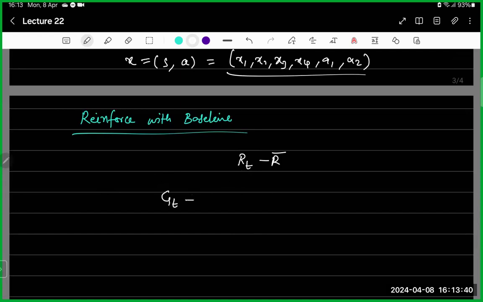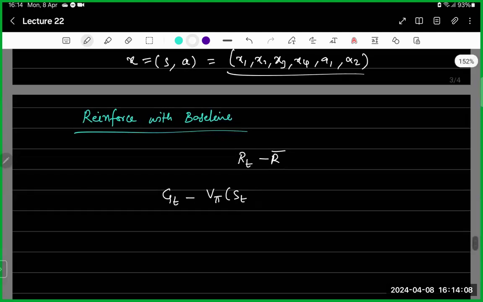One is you subtract Gt minus R bar, which is the average reward that you get. That is one thing you can do, but more popular is this thing. You subtract the value of that state.